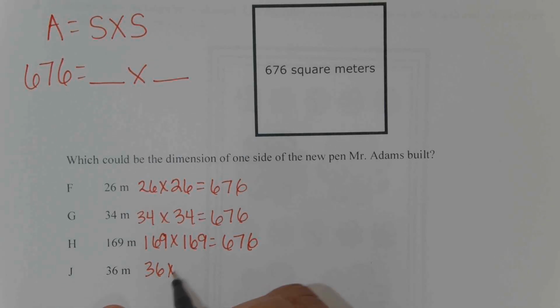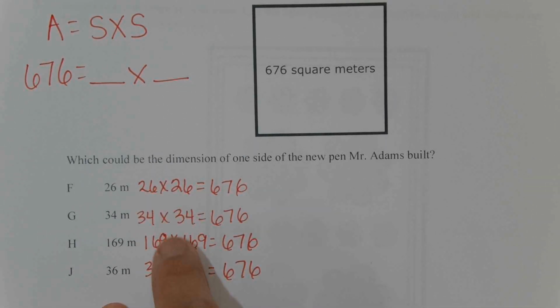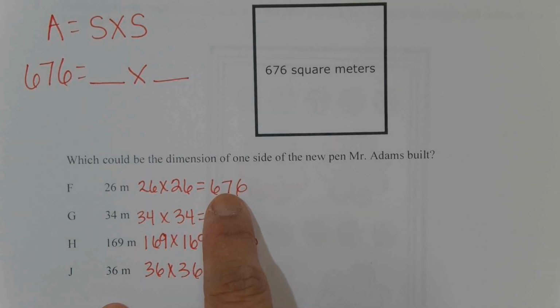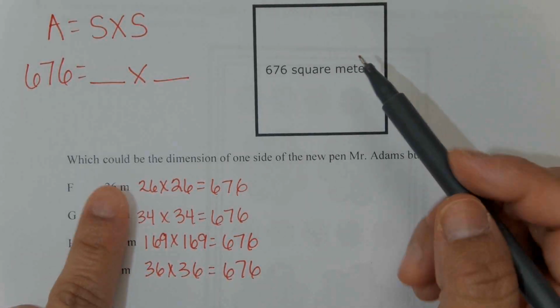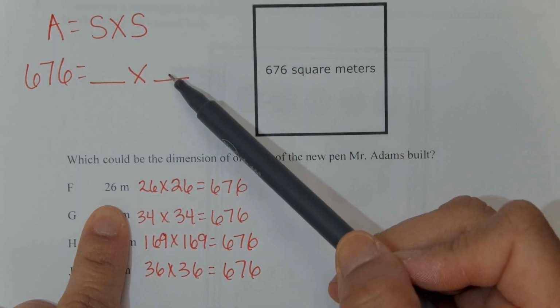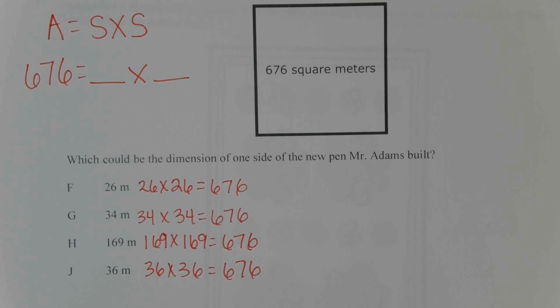And 36 times 36 equals 676. So you're going to have to solve for these to see which one is true, which one equals 676. Because if this is one side, remember we multiply side times side. So 26 times 26.